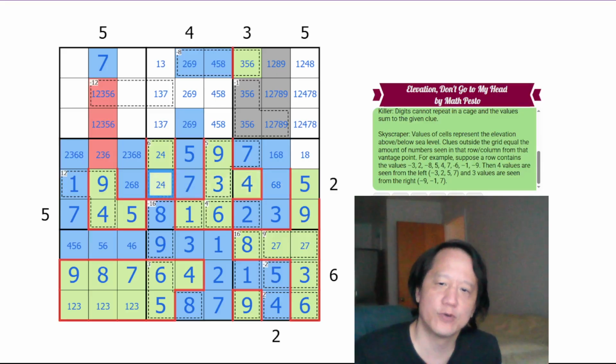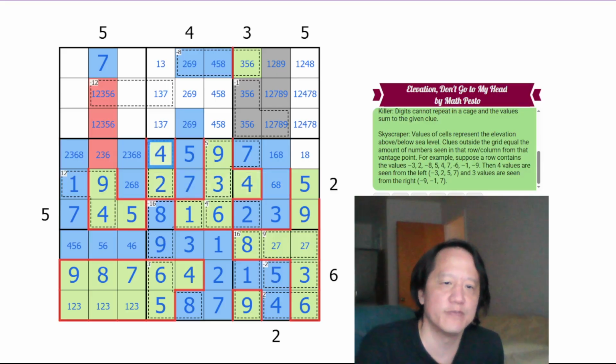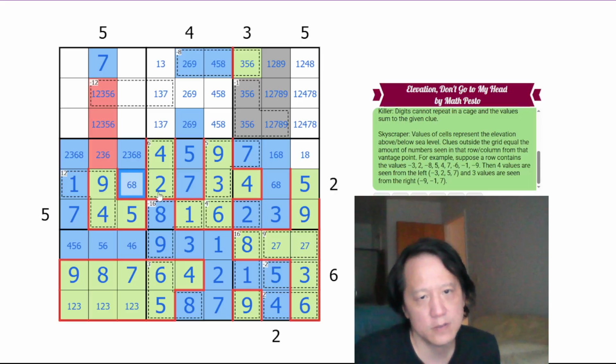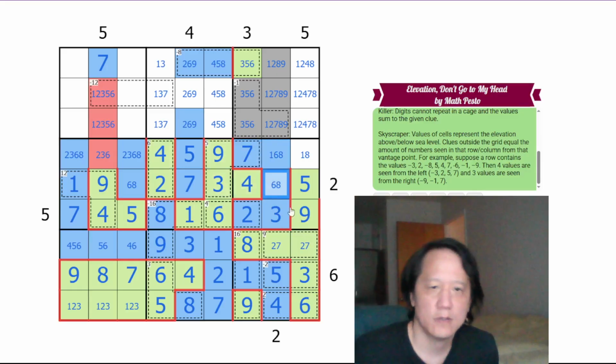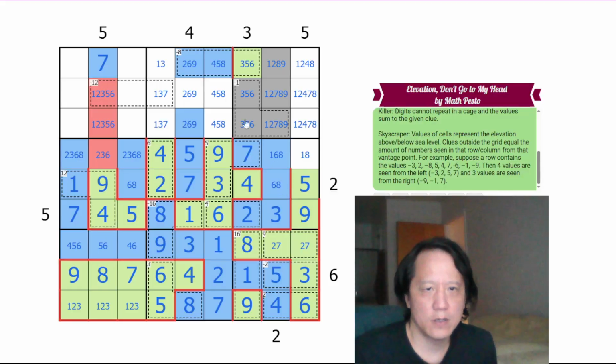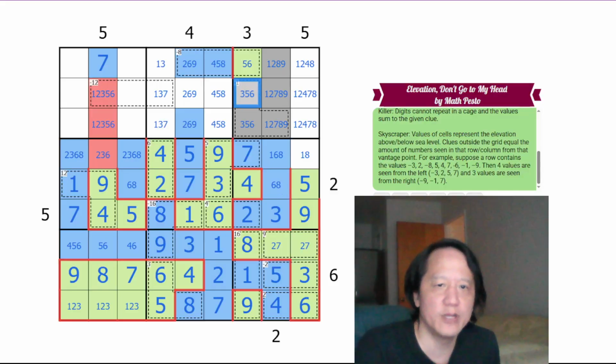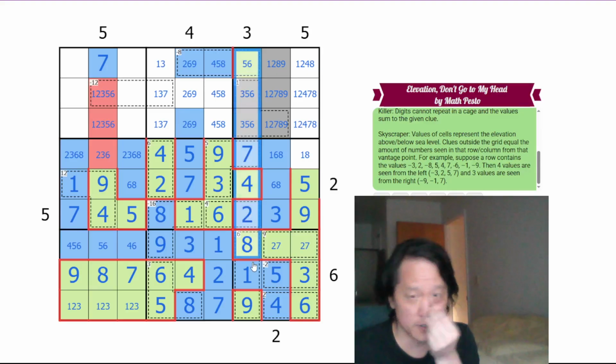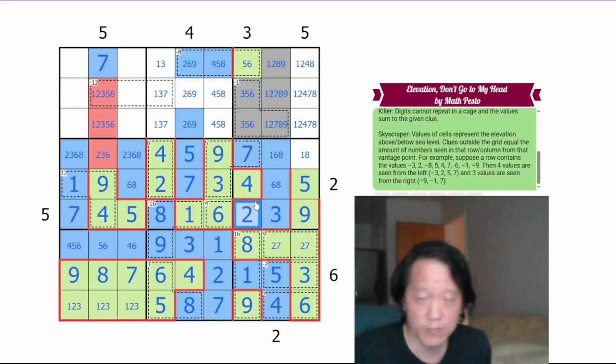4 eliminates 4 here, so that's 2, which means this can't be 2, that's 4. 2 eliminates 2 here. So we have 6 and 8 and 6 and 8 here. This again cannot be 3 because it would see 3, 4, 8, and 9, which is 4 cells in this column already.